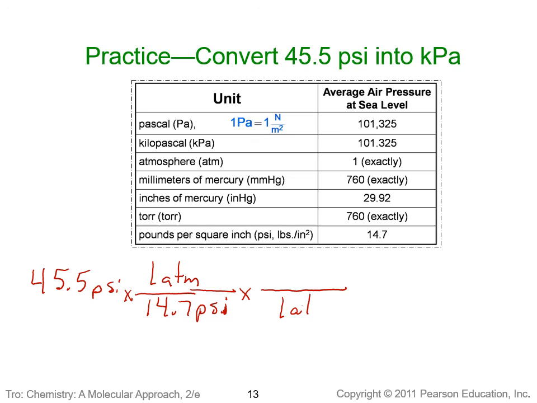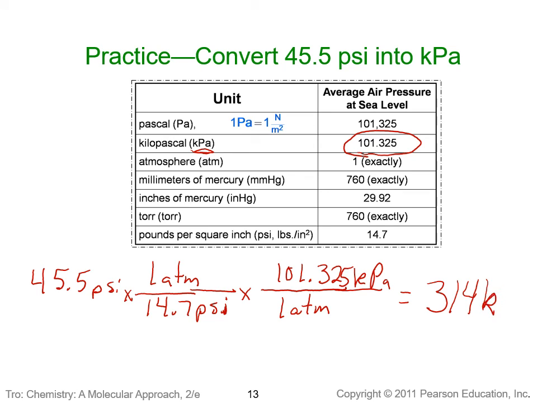So 1 atmosphere is 101.325 kilopascals. So multiply across the top, divide by anything on the bottom, end up with 314 kilopascal.